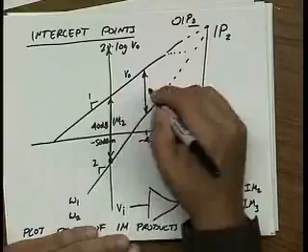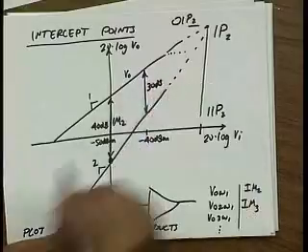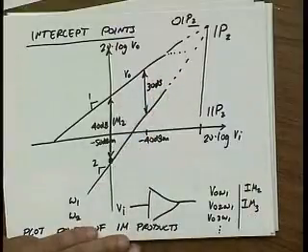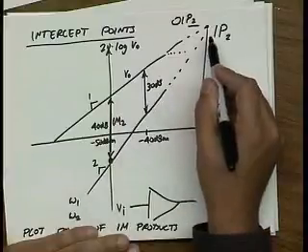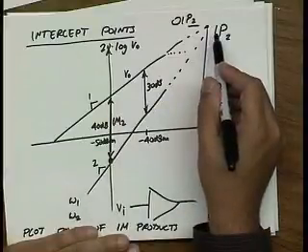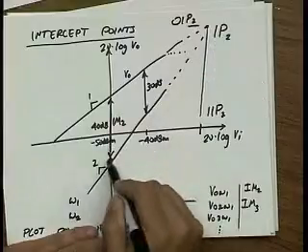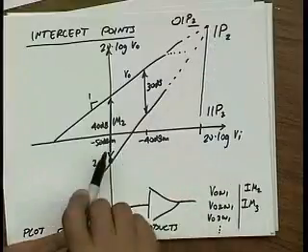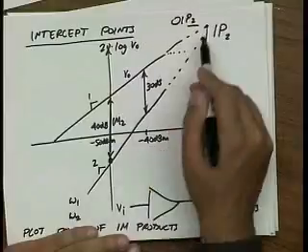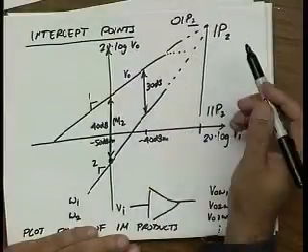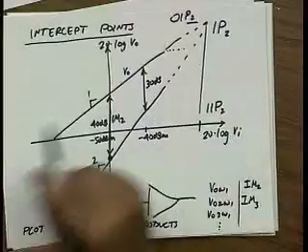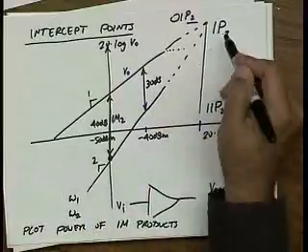So here, instead of 40 dB, it'll be 30 dB. And so if you know the IM2 at any given point, it's very easy to calculate how far you need to go to get to the intercept. If I'm at 40 dB here, I just move 40 dB forward, and boom, I have the intercept point.